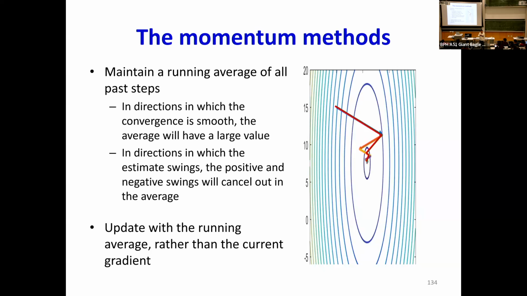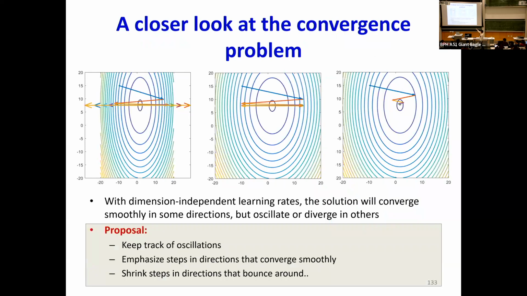In directions in which you're seeing a lot of oscillation, you want to decrease the step size, right? So over here, for example, in the first one, in the vertical direction, the steps are good. Maybe you even want to increase the step size. But in the horizontal direction, the step size is not good because it's oscillating. You want to decrease the step size, right?